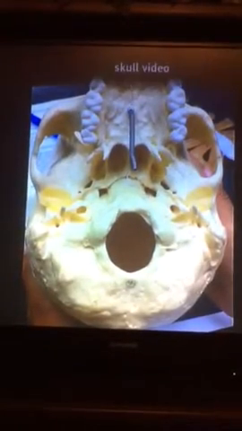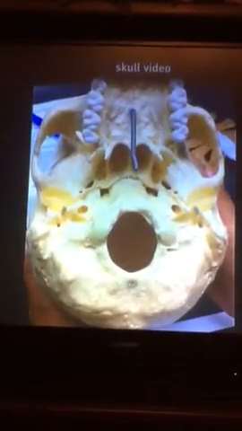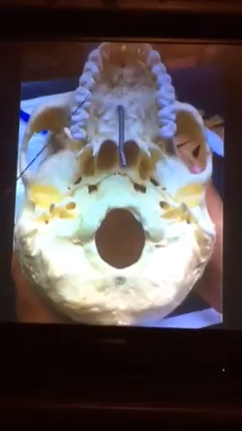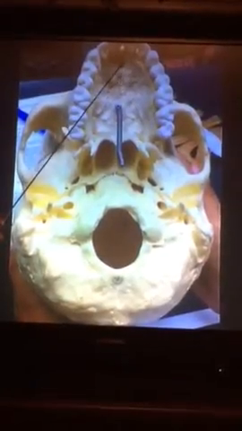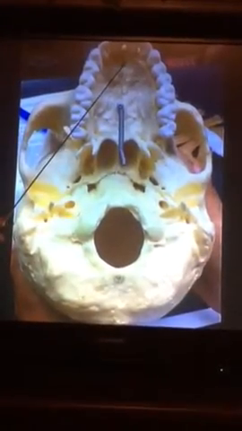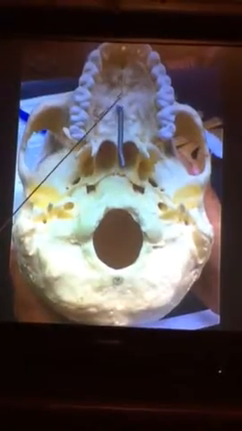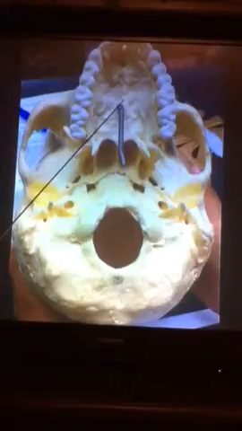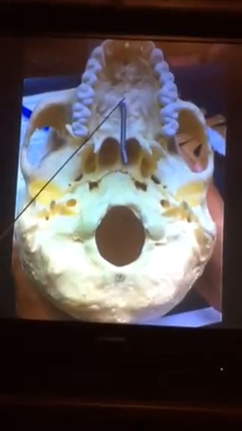Now we will view the inferior view of the skull, which first off, we will see the incisive fossa. Below that, you see a small line running down the incisive fossa, and that is the intermaxillary suture.